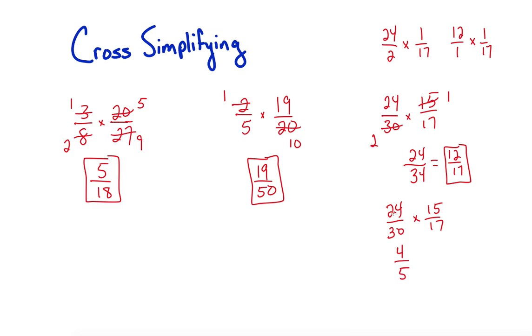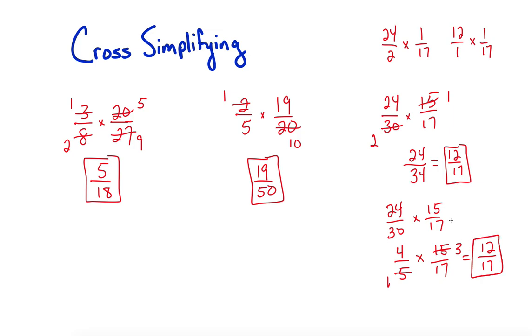So now I change this 24/30ths to 4/5. Now if I multiply that by 15/17, and before I do, hopefully we recognize here, I can cross-simplify. Alright, so 5 goes into itself once, 5 goes into 15 3 times, so I wind up again with that same 12/17.